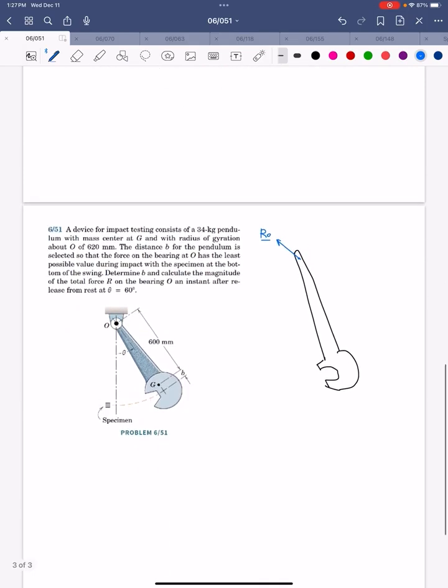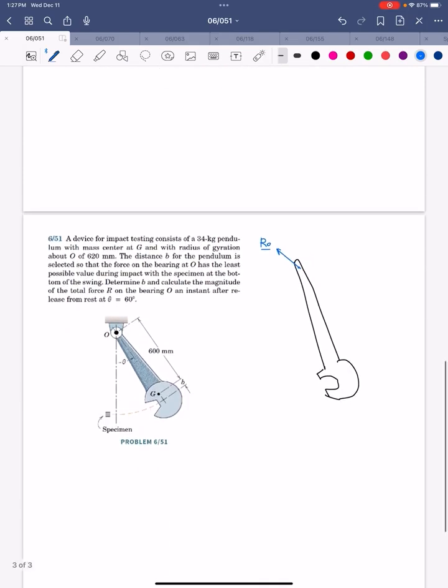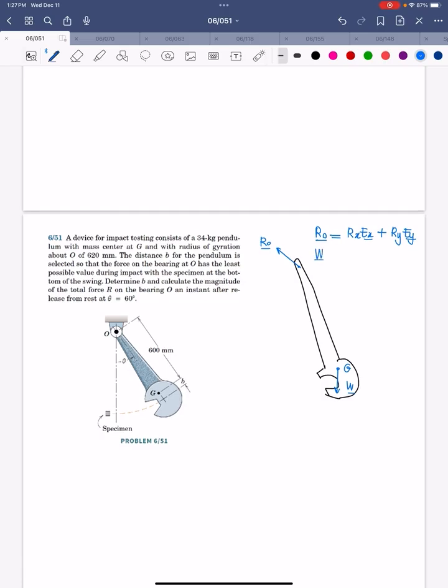But in general, before impact it's not vertical. When the pendulum is just being released, there is no impact force. There's just a weight being applied at the center of mass, labeled G. So RO we do not know, but in general it has X and Y components. And the weight is along EY.